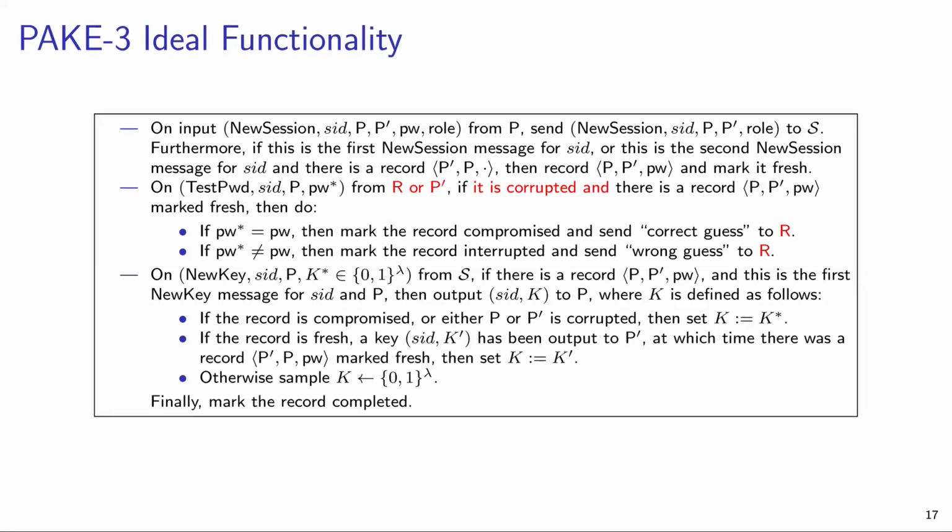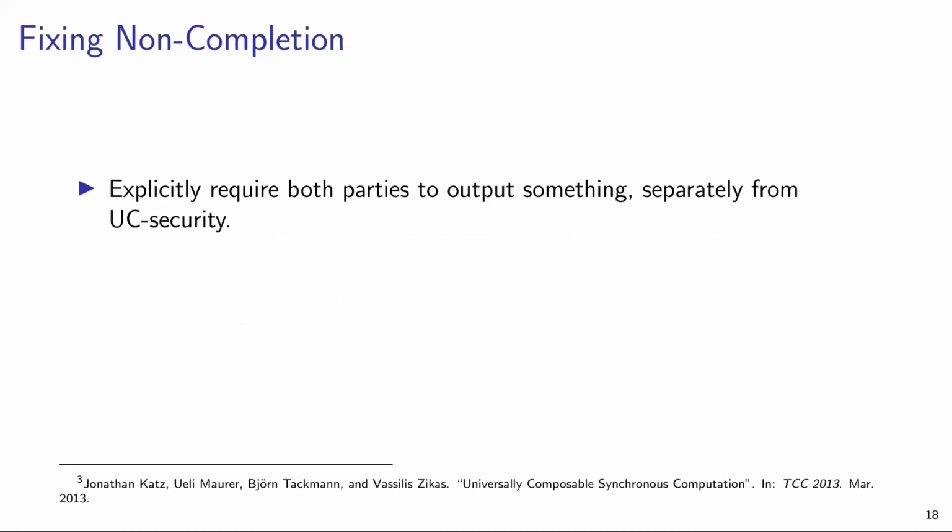In fact, we proved that satisfying this definition is equivalent to satisfying the original UC PAKE definition and also satisfying correctness. It also turns out that each of these approaches to requiring correctness has a natural corresponding approach to requiring the protocol to output a key to rule out the empty PAKE.